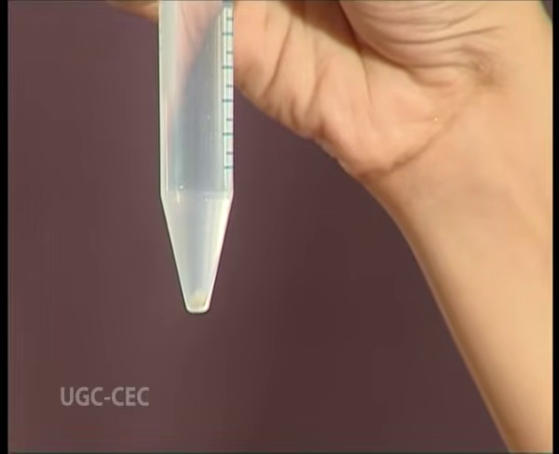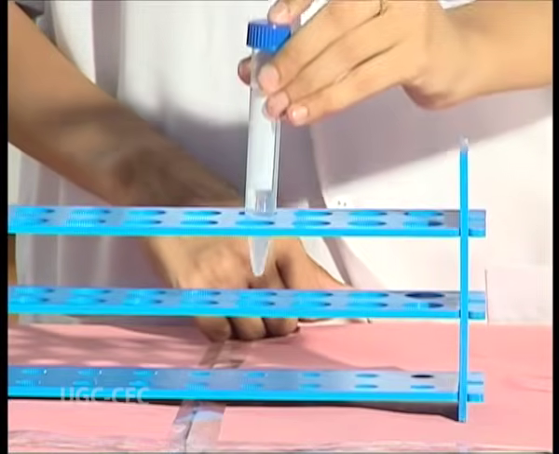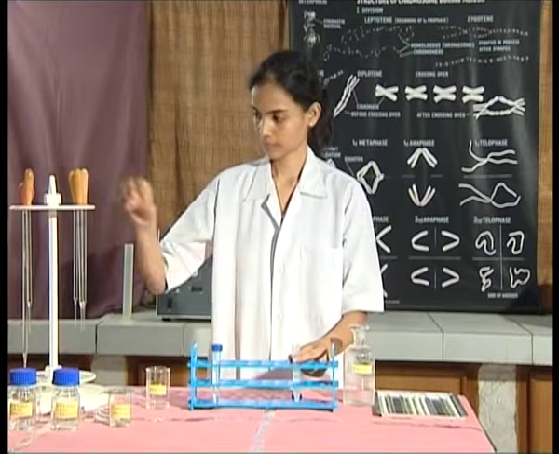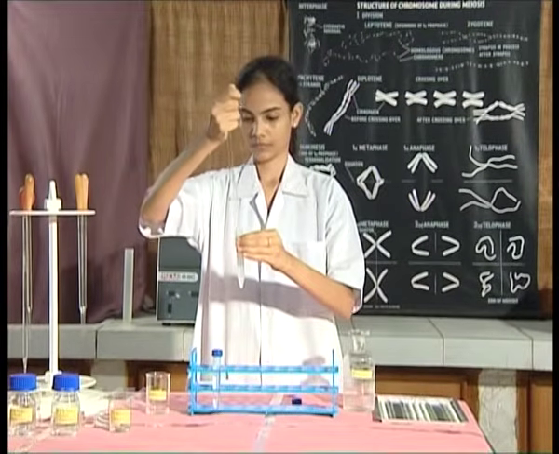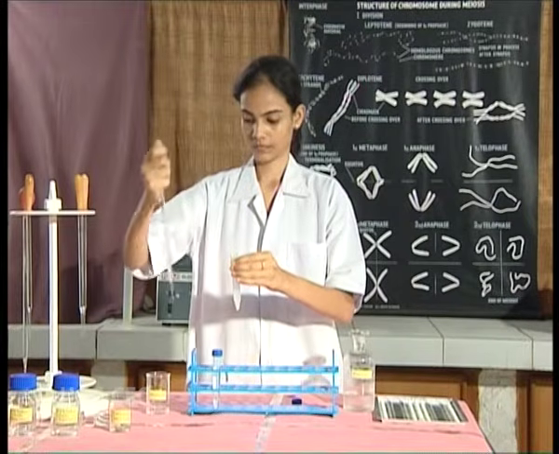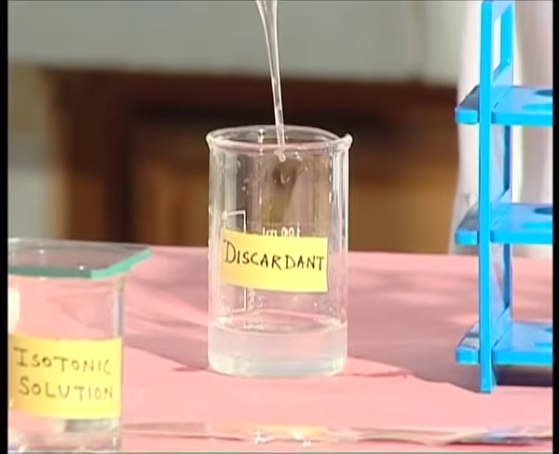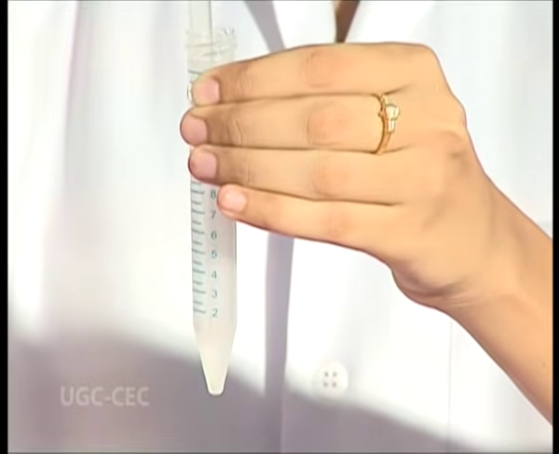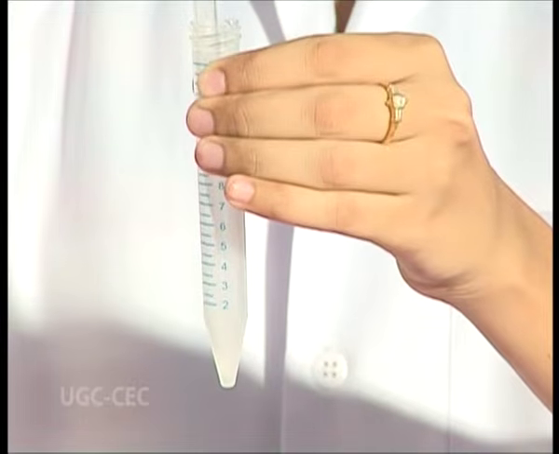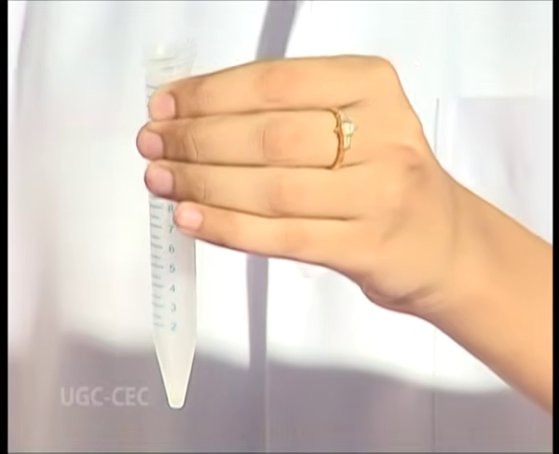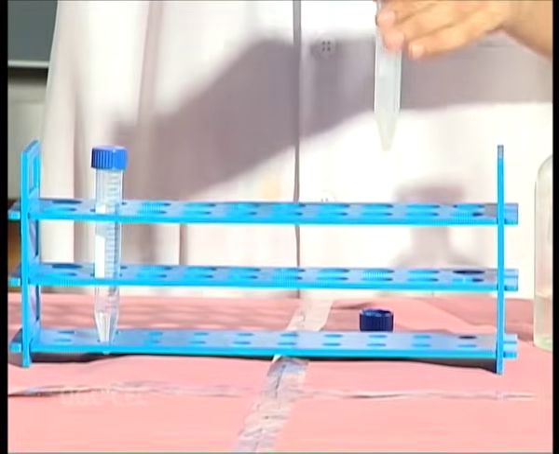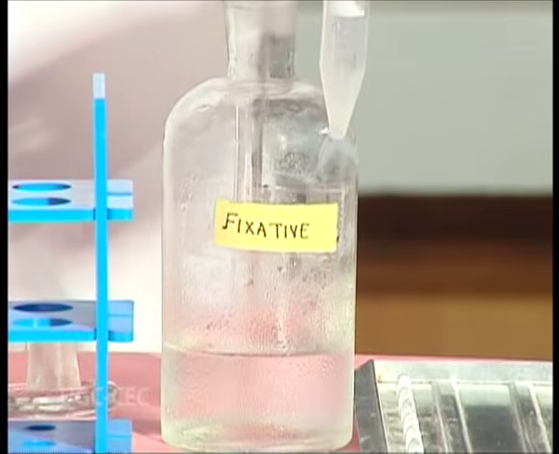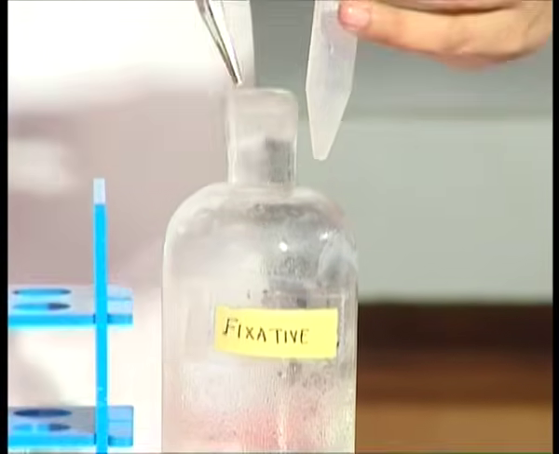Cells have settled down as pellet. Remove the supernatant carefully and discard it. Again add fresh chilled fixative.